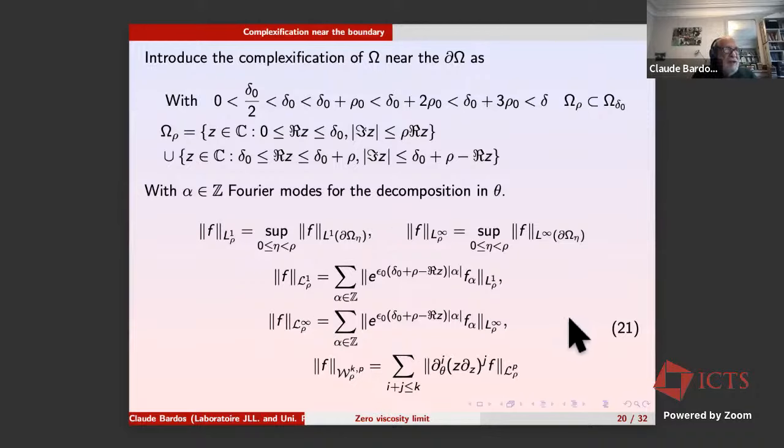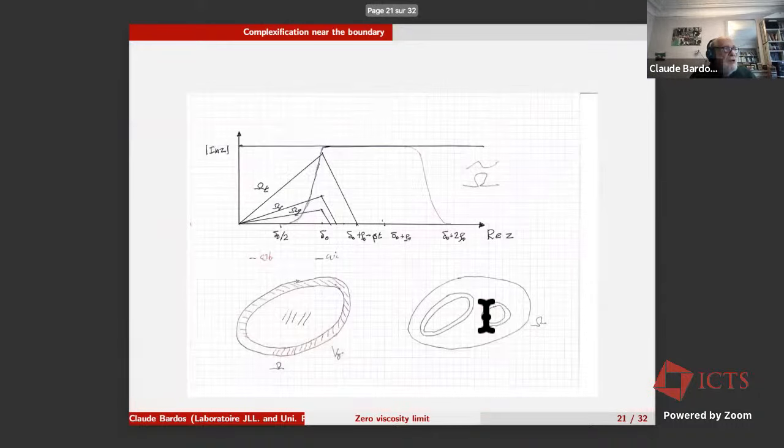So that's 21, which maybe I just ask you to believe now, but which is very classical for people working with the Nash-Moser theorem or Cauchy-Lipschitz theorem in the framework of analytic functions. So just believe that they will be used below, and I move to the equation.